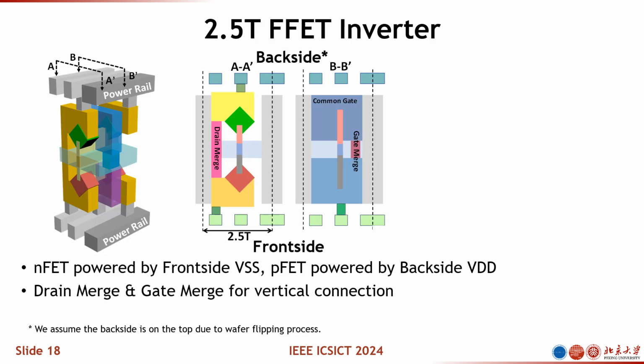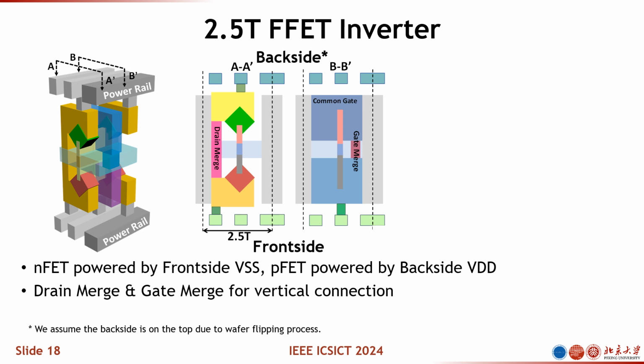Here I show the cross section and the cartoon of the 3T FFET inverter. You can see the FFET features two unique features. Basically, because the two processes of the NFET and PFET from the wafer front side and back side are done independently, you would need to connect them as you would for the CMOS.